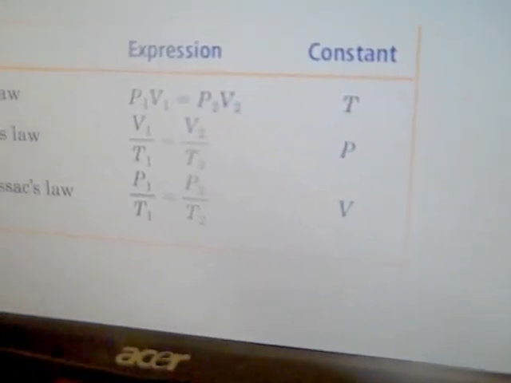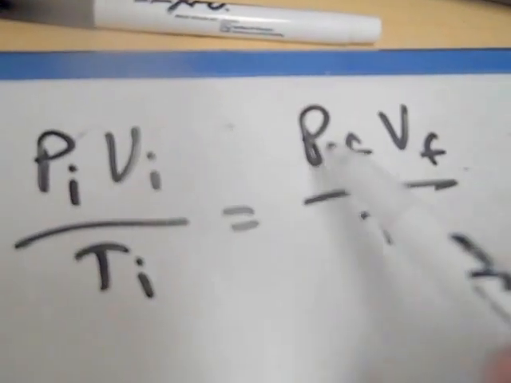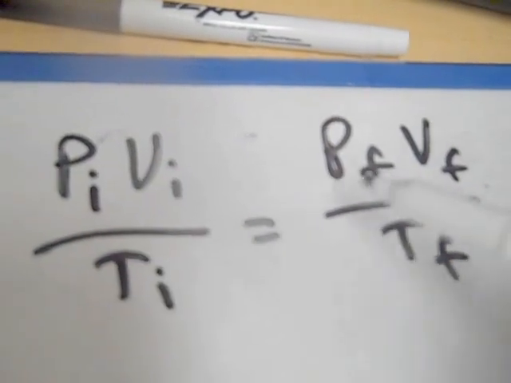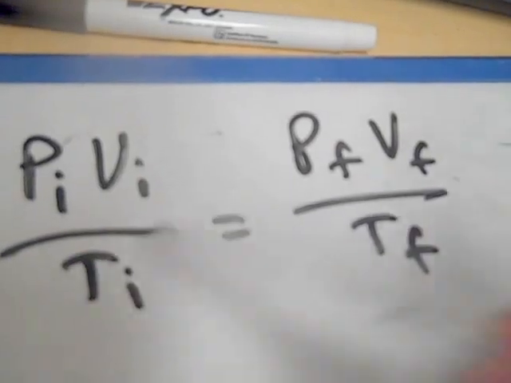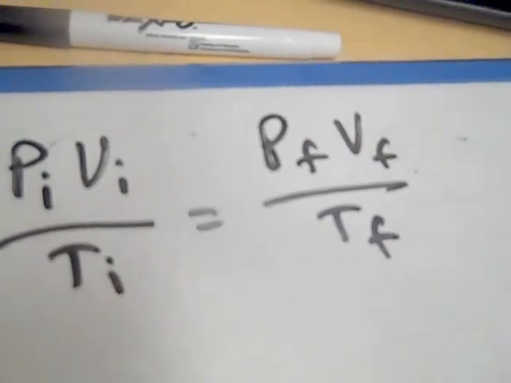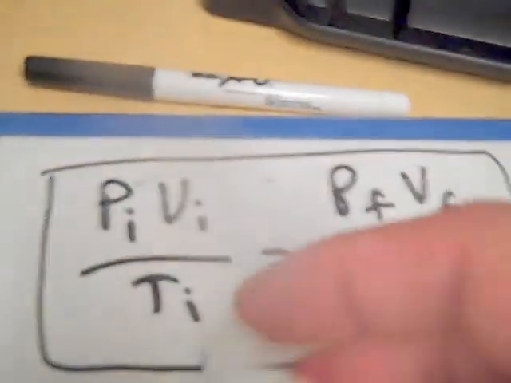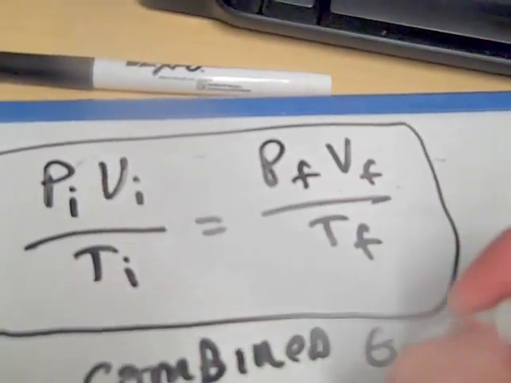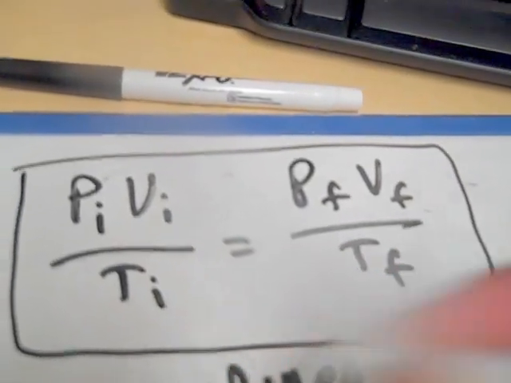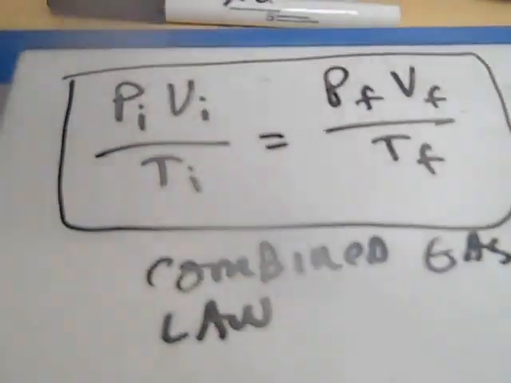We see aspects of Boyle's law right here, aspects of the Gay-Lussac law right there, and then Charles' law from this Vi/Ti, just like that. So all you have to do is know this single equation. You don't have to remember all three of these, but this is the combined gas law.